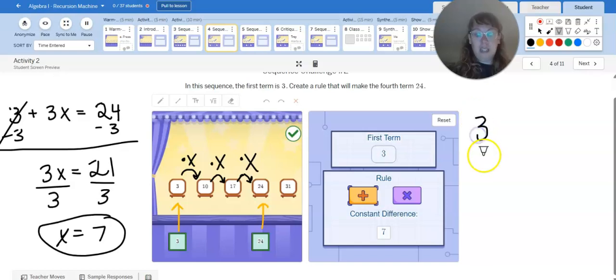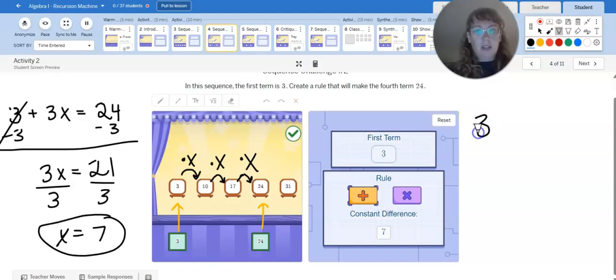So 3, and then we're going to times it by, oh, wait, hold on. Oops, that's not my eraser tool. We're starting with 3, we're multiplying 3 more x's to get to that 24 value.